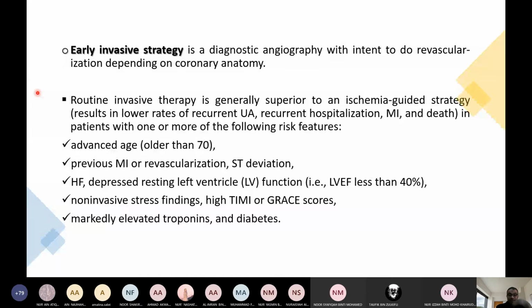We get to know the non-STEMI, and in non-STEMI we have ischemic guided medication or an invasive strategy, angiography, to be offered in patients with high-risk features. These high-risk features include, but are not limited to, advanced age, other comorbidities, elevated troponins, the high-risk scores that we discussed, and other findings. Okay?